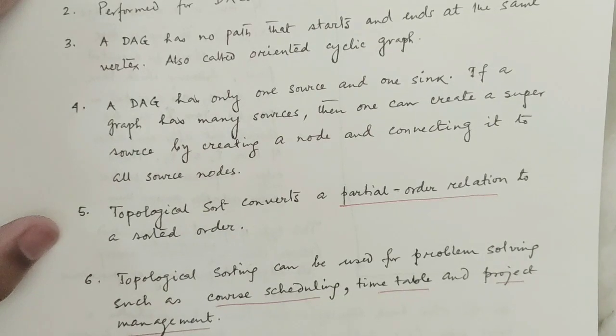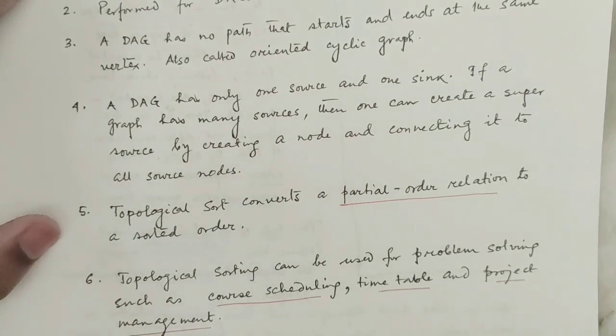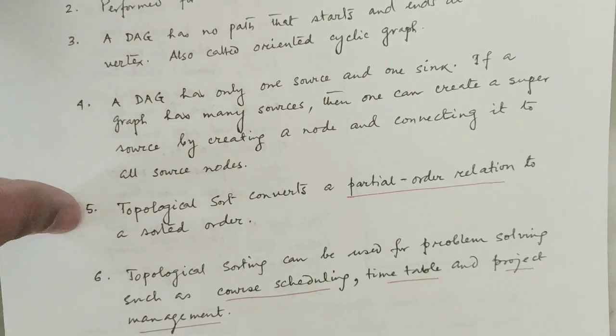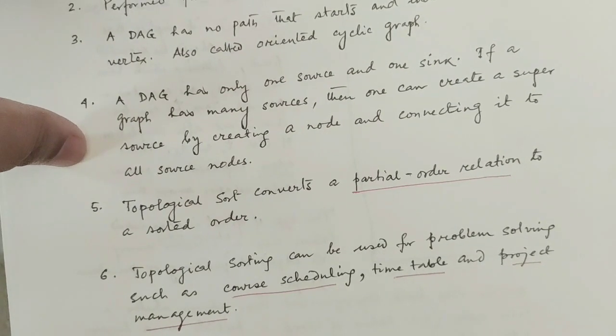Okay, so let us go for the method or the mechanism by applying which we can get the result of topological sort. So we must know how a topological sort is carried out. Normally we can say that topological sorting can be performed using BFS and DFS.